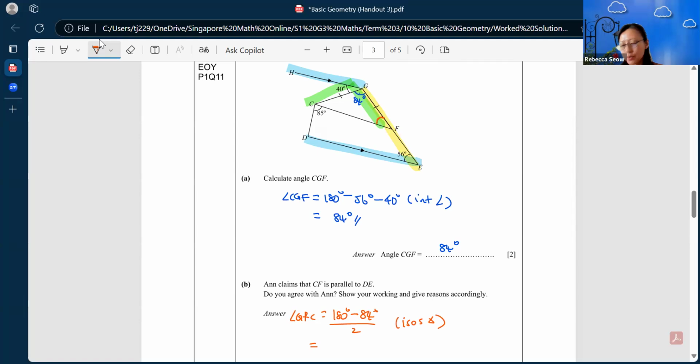All right, so from here we have 48 degrees and it is not 56 degrees.